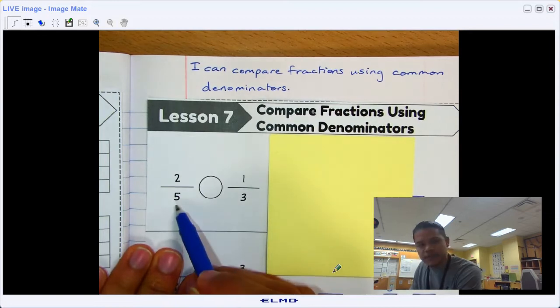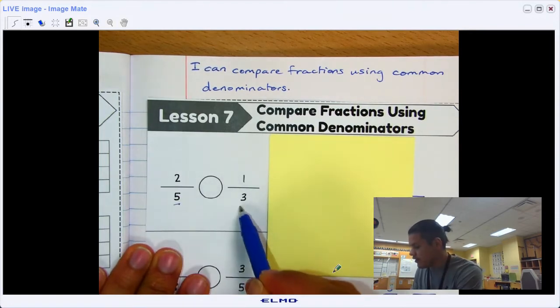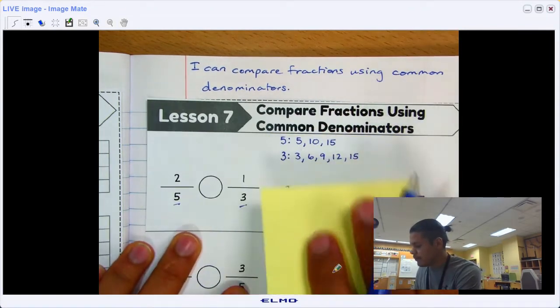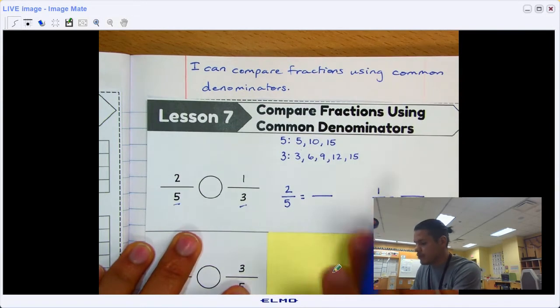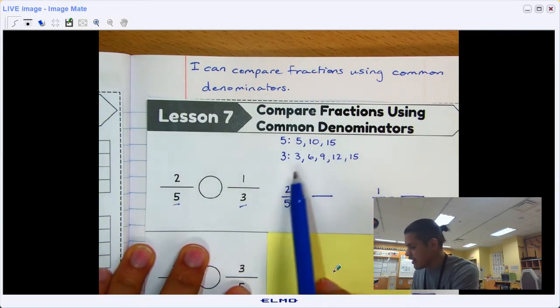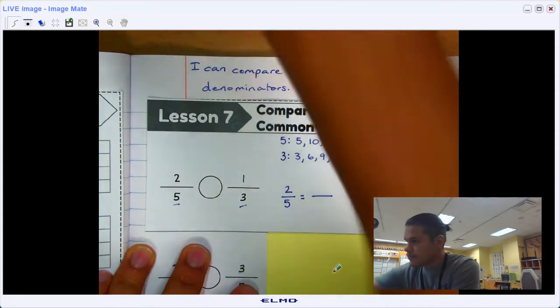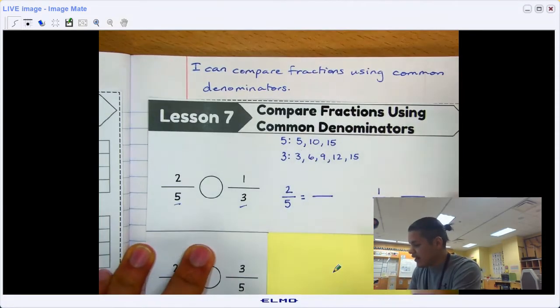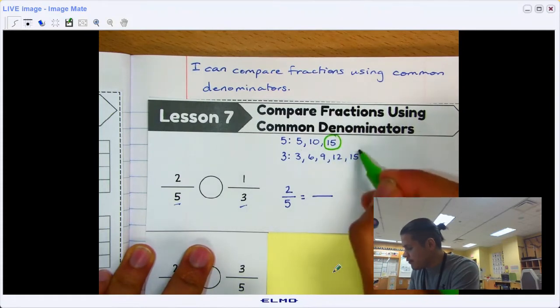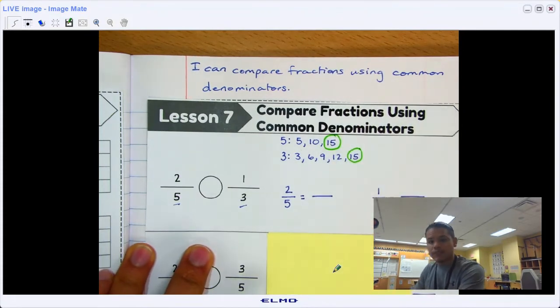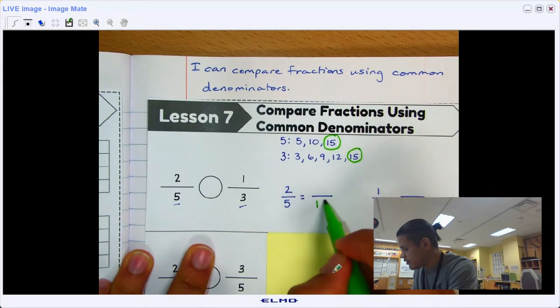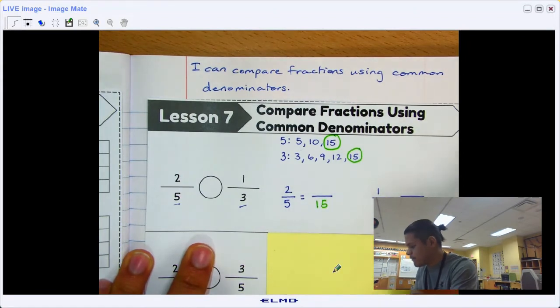First step is to find your multiples of 5 and your multiples of 3, okay? So my multiples of 5: 5, 10, 15, and 3: 3, 6, 9, 12, and 15. We have 15 and 15. Those are common multiples. They are going to become my common denominator. Okay.